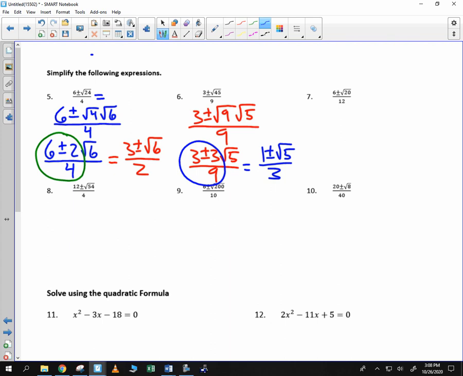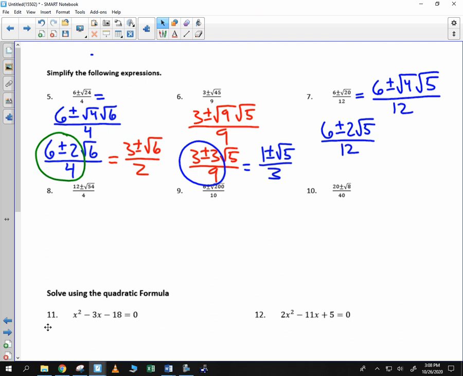The next one, I have 6 plus or minus the root of 4 times the root of 5 over 12. Or 6 plus or minus 2 roots of 5 over 12. Notice how these all are divisible by 2. And so we get 3 plus or minus the root of 5 over 6.